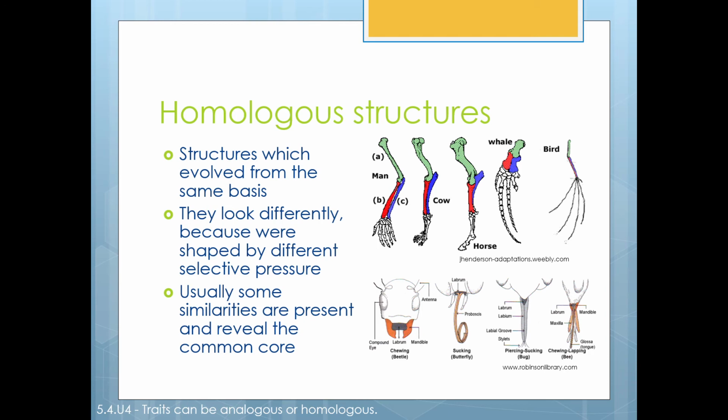Now let's recall the idea of homologous structures. Do you remember them? We say that homologous structures are structures which started as one, and then they gradually developed into different structures because they were affected by different selective pressures. And you should remember the example of the pentadactyl limb, which always has the same template: 1 bone of arm, 2 bones of forearm, then the palm, then fingers.